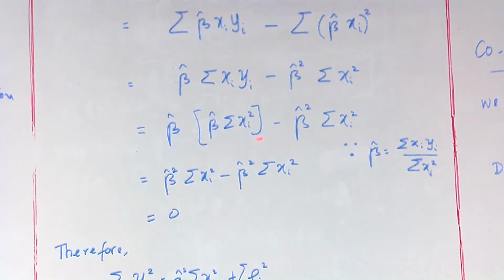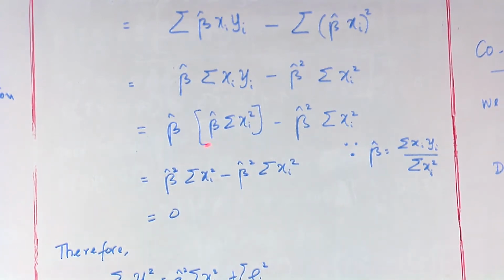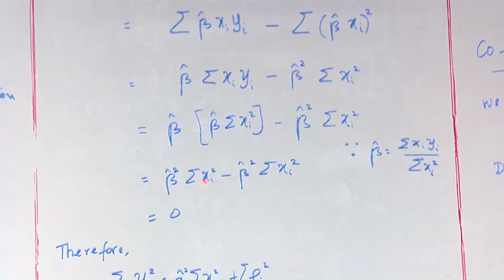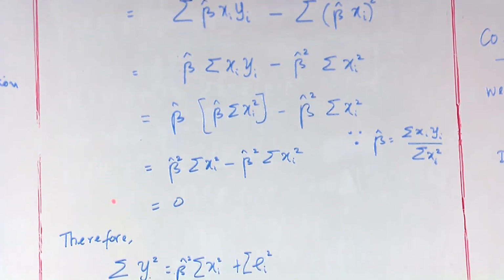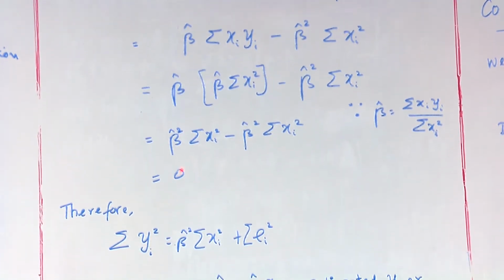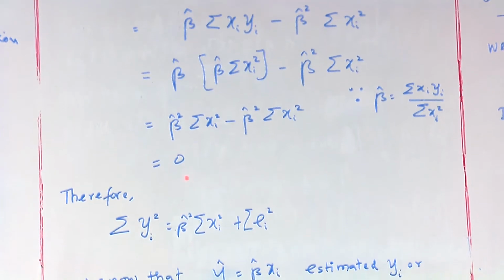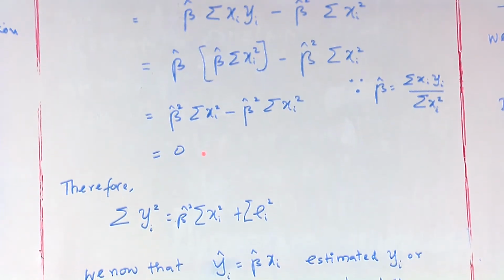So we substitute that value here. Now we get beta hat square sigma xi square minus beta hat square sigma xi square. Both will get cancelled, so this is 0. So the value of sigma beta hat xi ei is equal to 0.